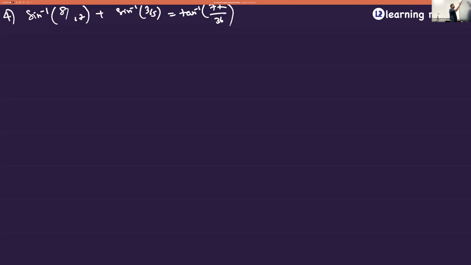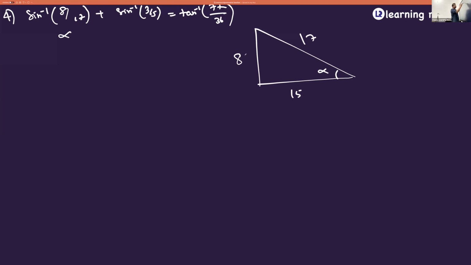For that, what did I tell you? Take the right angle triangle. If this is alpha, then sine alpha is 8 by 17. So 8, 17 means this is 15. 8, 15 and 17 are Pythagorean triplets. Similarly, if I take this to be beta, then I have another right angle triangle where this is beta, this is 3, 4 and this is 5.